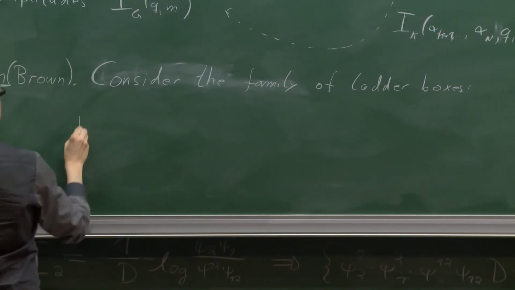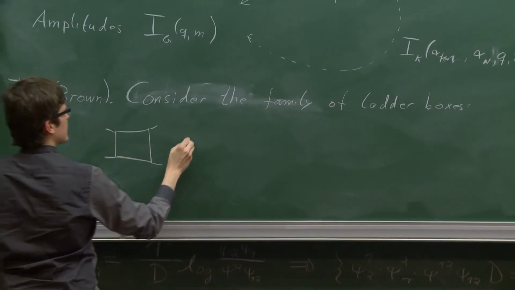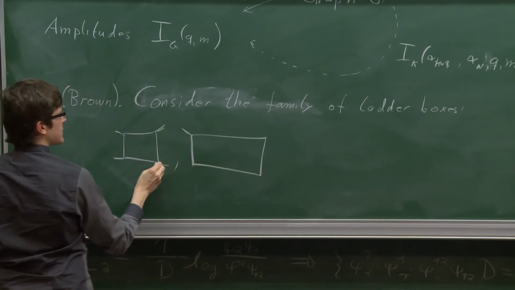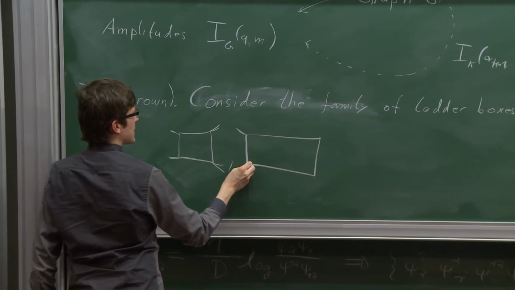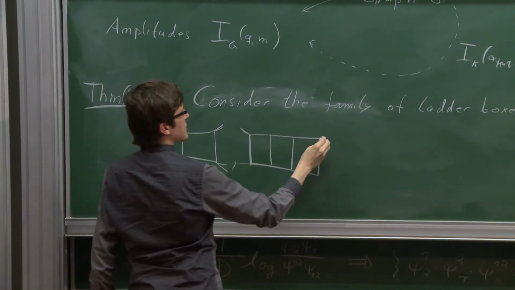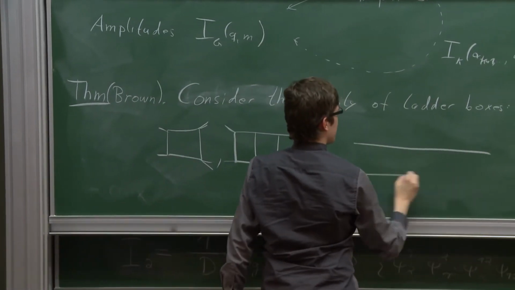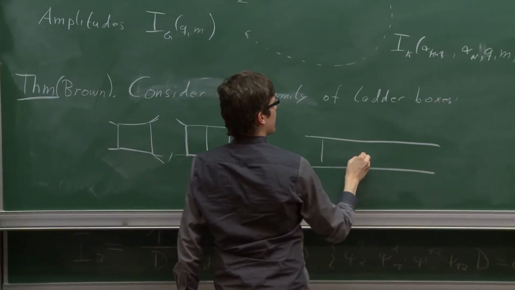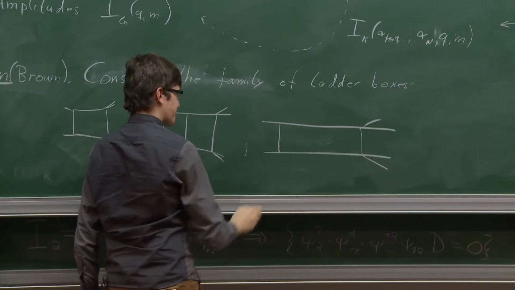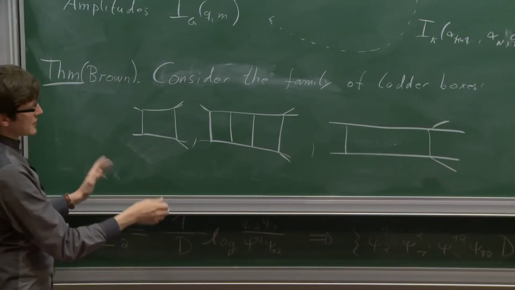So these are the integrals with 4 external legs, but you can make them arbitrarily big. And you can make 2 legs massive on the side. So you can have a triple box. This is what would be called a triple box. And you can have arbitrary n-uple boxes with 2 massive legs. So we have an infinite family of Feynman graphs.